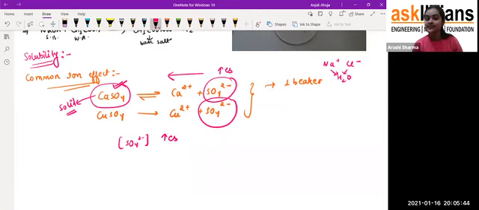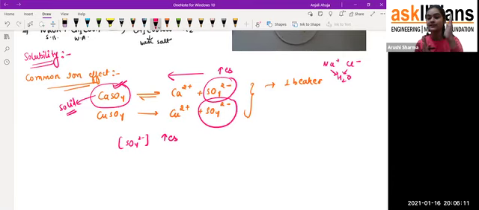So you can see, students, due to the presence of the common ion, according to Le Chatelier's principle, the equilibrium will shift to the backward direction because the concentration is increasing at this end, and that is why the equilibrium will shift to the opposite side so that both sides will be the same. Exactly, because what's the condition of equilibrium? That both sides must be equal to each other.